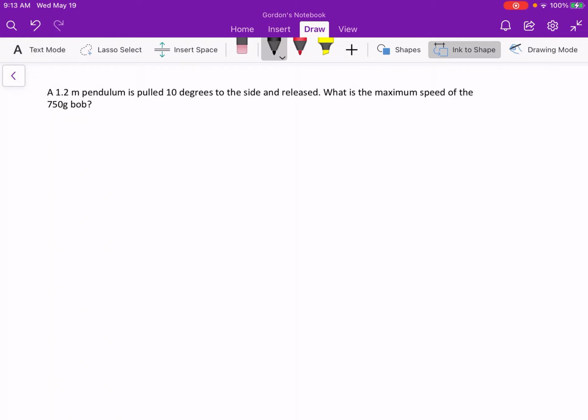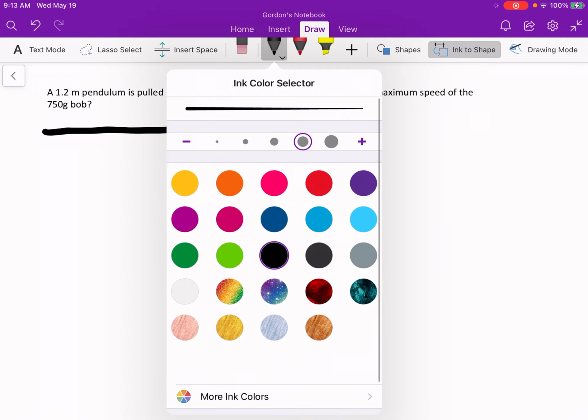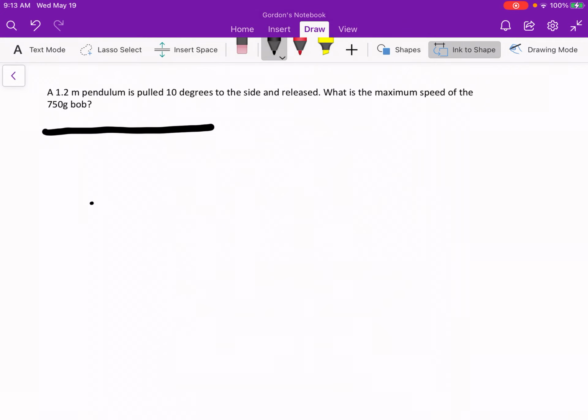So when we're talking about pendulums like this, the tricky part, and that line is pretty thick, let's make it a little bit thinner here. So obviously we've got a pendulum. If it was hanging straight up and down at its equilibrium point, this is the point where its speed is going to be the maximum.